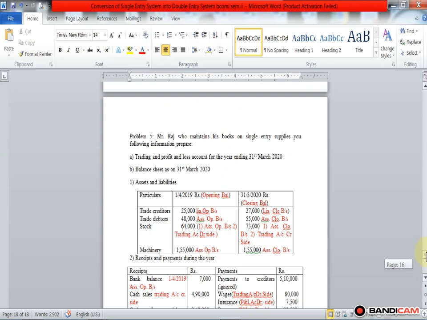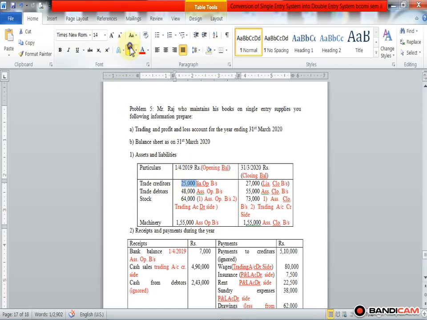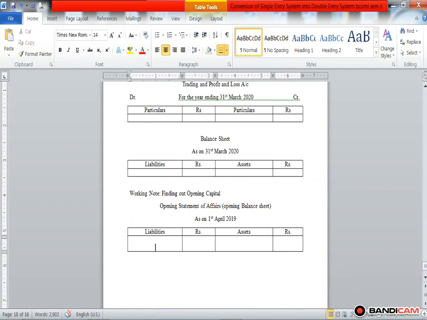Okay, so here in the first, liabilities and assets are given. Trade creditors is transferred to the liability side on the opening balance sheet. Here we leave two lines empty at the top, because we write capital on the top.